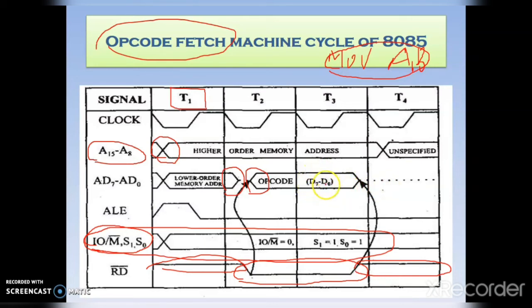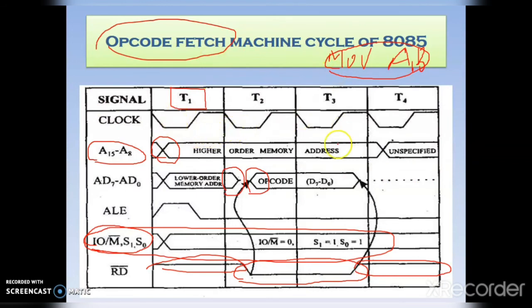For some instructions, we need additional T states. For some particular instructions, we need only the T4 state. So, based on the instruction the microprocessor received from the memory location, the T states will extend to the next clock pulses. So, this is about the opcode fetch machine cycle.